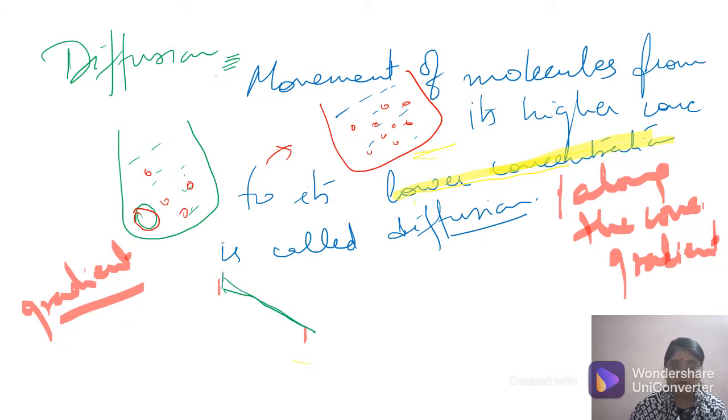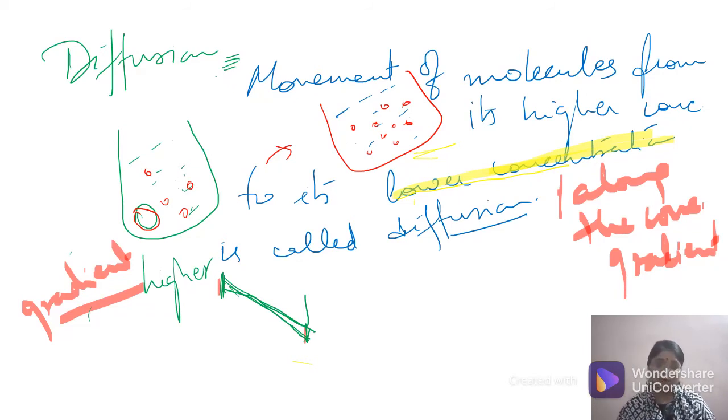It could be due to position or concentration, so it creates a kind of higher to low thing. Like water in a tank on top is at a higher level and water at lower level is there, or here the solution is more concentrated and here less concentrated, so automatically the flow of substances is from higher to lower. This is called concentration gradient.